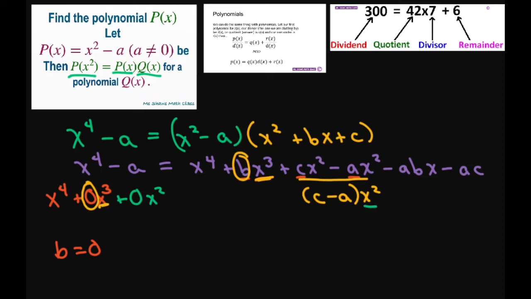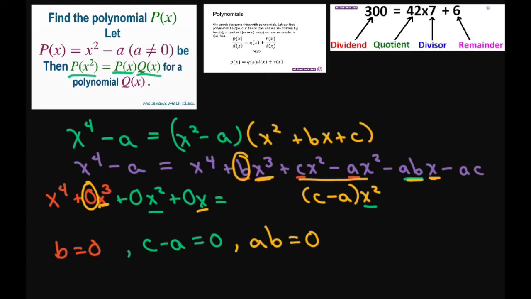So equating coefficients here, we're going to have c minus a equals 0. All right. Now ab, we have an x. Again, we don't have an x, so we could write this as 0x. So equating coefficients, x with x, that means ab equals 0.